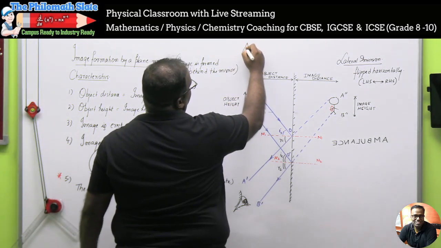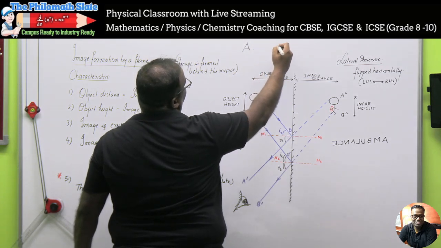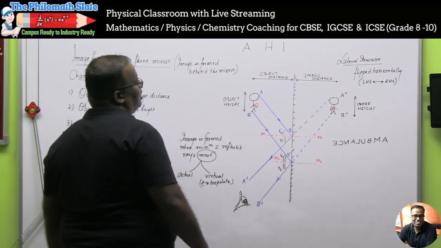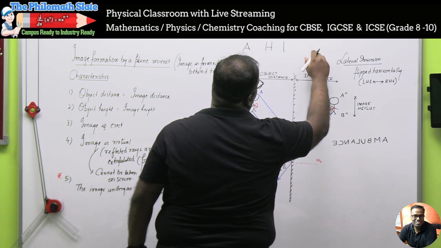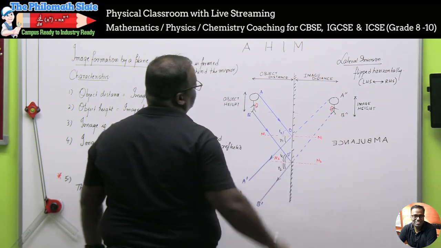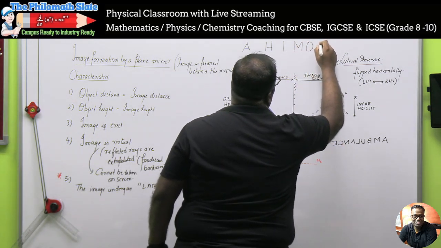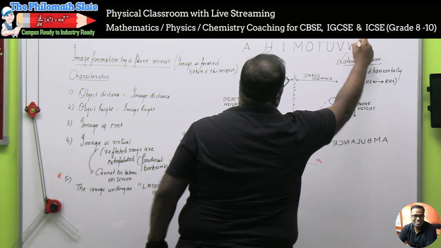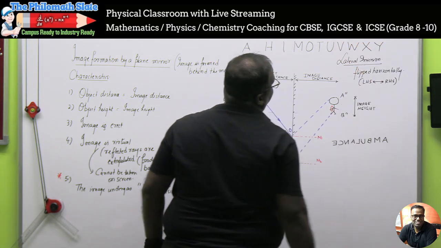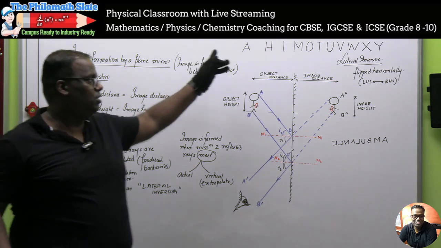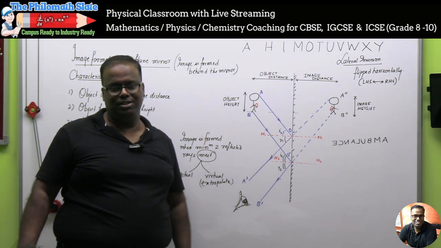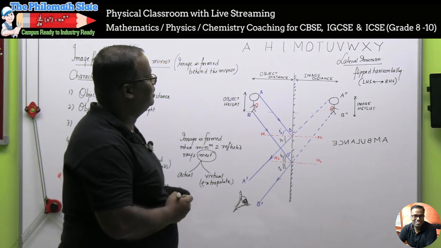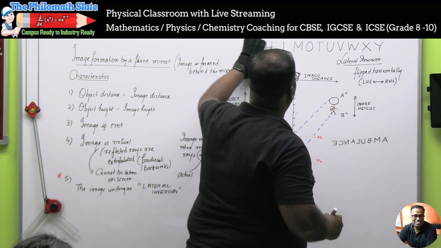So first comes A, after that B, C, D, E, F, G, H, I, J, K, L, then M, N, then O, P, Q, R, S, T, U, V, W, X, Y, not Z. These do not undergo any sort of lateral inversion. ठीक है? Have you understood what is lateral inversion?